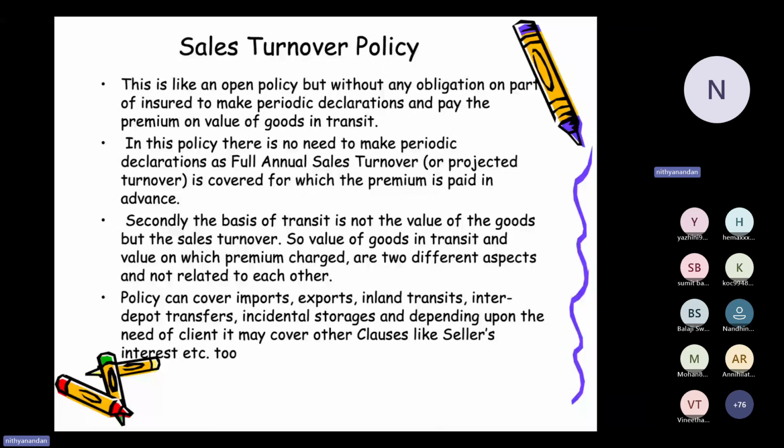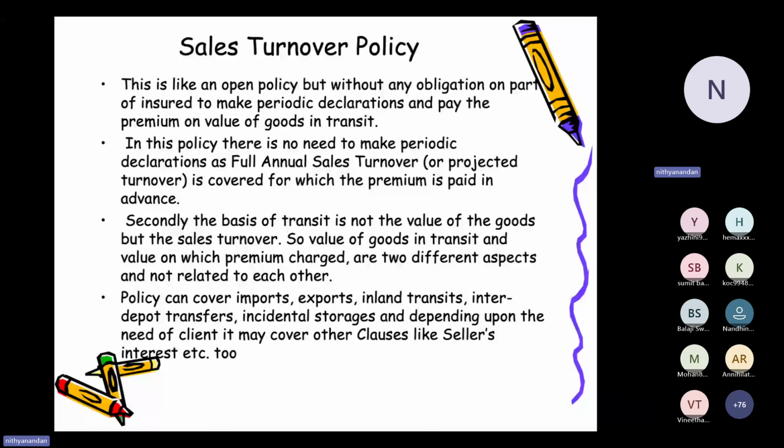Then how will the final adjustment be done? Without declaration, the final adjustment will be done based on the certificate of turnover given by the statutory auditor of that particular firm. The statutory auditor will certify last year's turnover is this much.